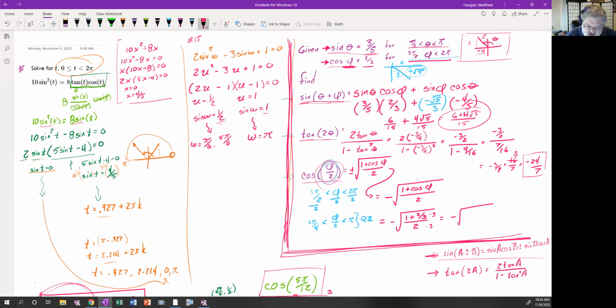So I'm going to multiply top and bottom of that by 3. So 3 plus 2 over 6. So that's negative the square root of 5/6, which would be nice of us to rationalize. So that would be the square root of 30/6 when you rationalize it.